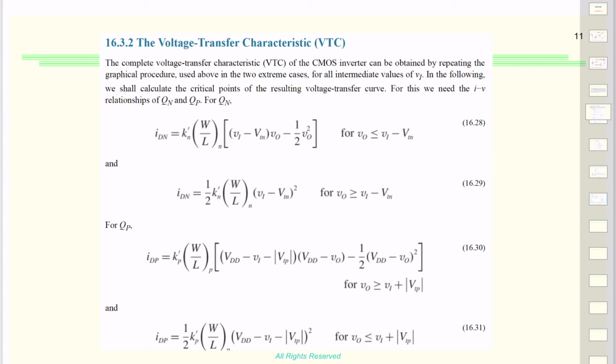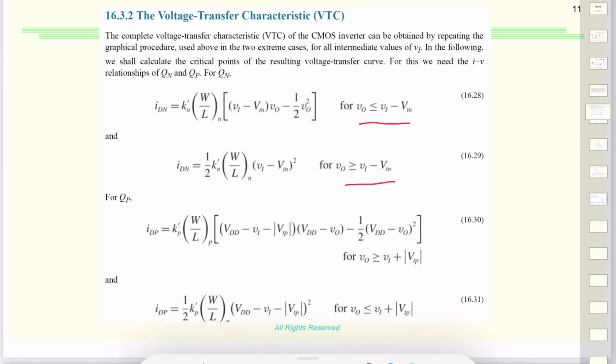Now, before we get into that, this is just a recap of the drain currents that we already know. How do we calculate them in case of triode or in case of saturation for N-type? These are the equations that we use to find the drain current.